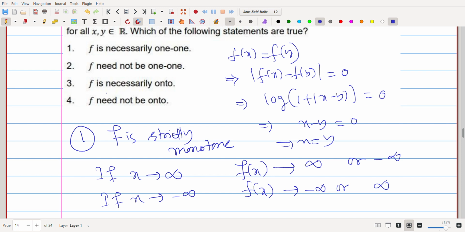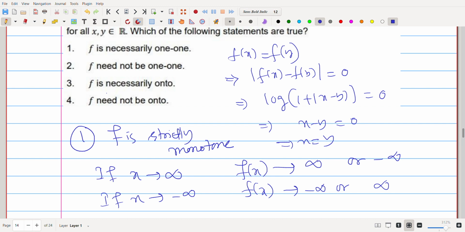If I can show this, then we are done. Why? Because f is continuous. So if I can show that f attains a and b, that implies f attains all the points in between a and b by the intermediate value property of a continuous function.